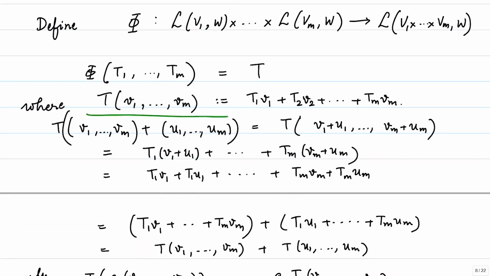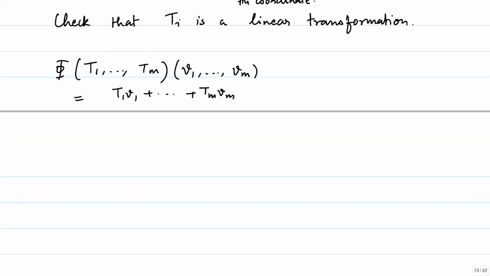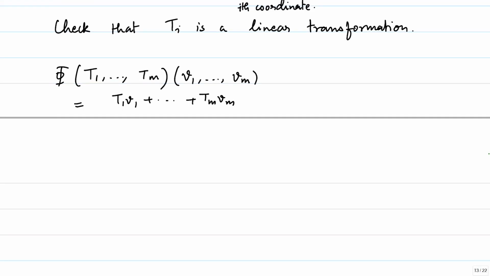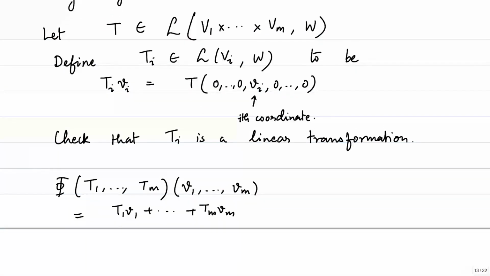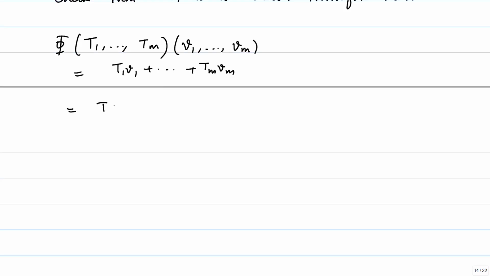See, this is our definition of phi. By this definition, we have phi of T1 to Tm on V1 to Vm is this vector in W. But what is T1 of V1? Let me remind you what Ti of Vi was. So T1 of V1 will be T of V1 comma 0 0 0.